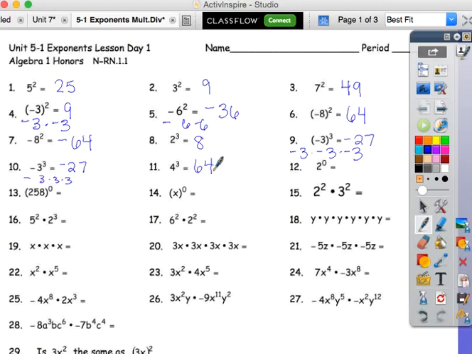Anything, whether it's an integer or a variable or a monkey in parentheses or anything to the 0 power is always 1. That is one of our rules. Anything to the 0 power is always 1.